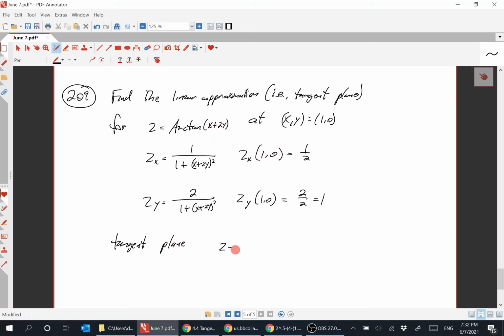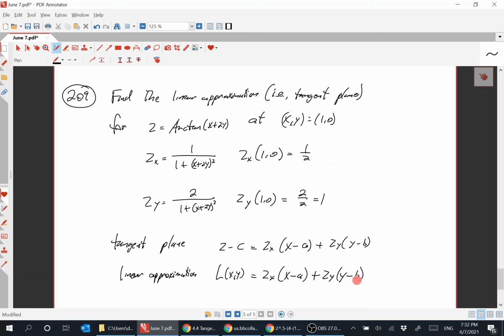Right, so the tangent plane: z minus c is equal to zx at (a,b) times x minus a plus zy at (a,b) times y minus b. And then the linear approximation L(x,y) is equal to zx times x minus a plus zy times y minus b plus c.